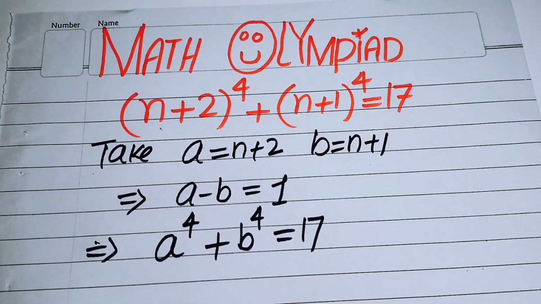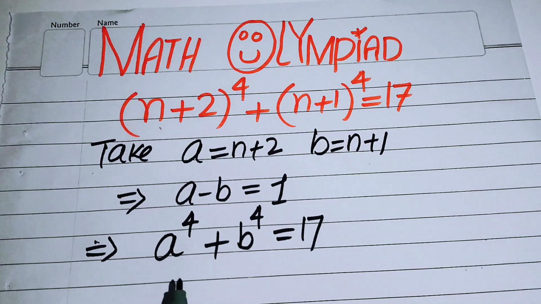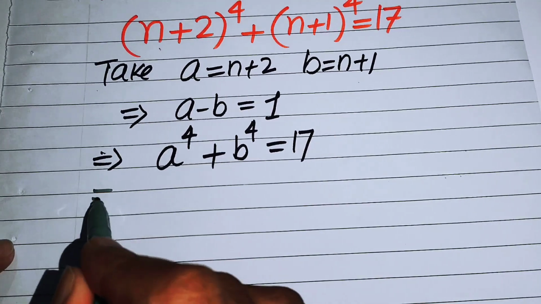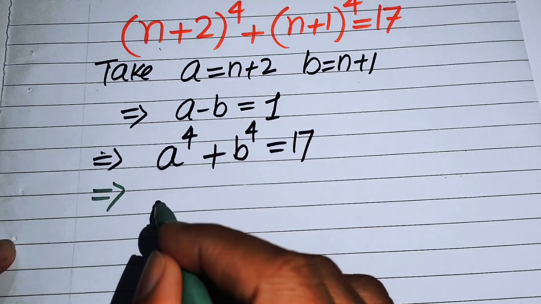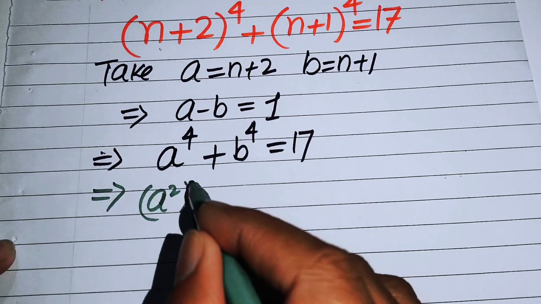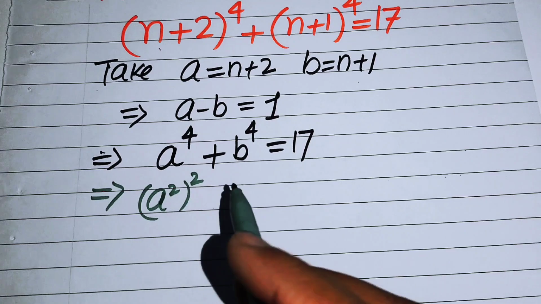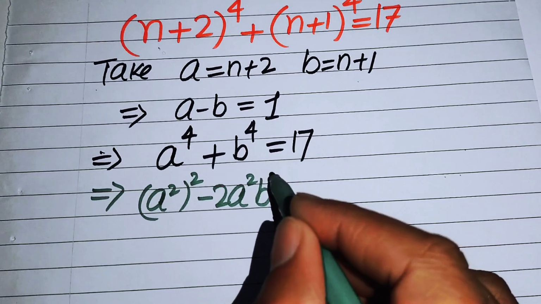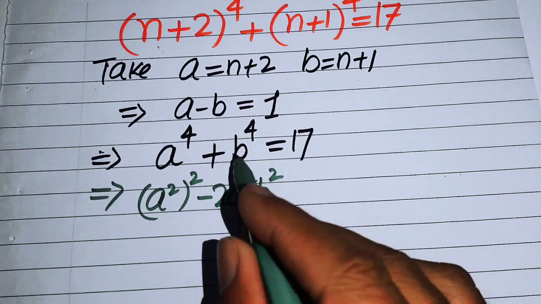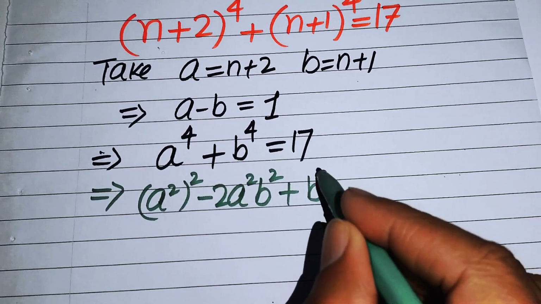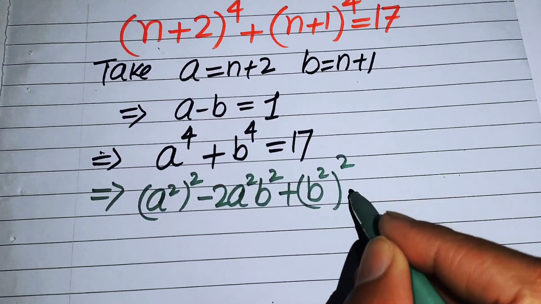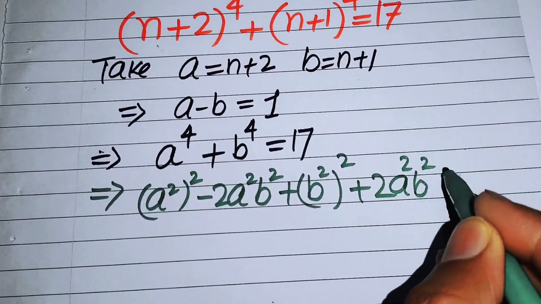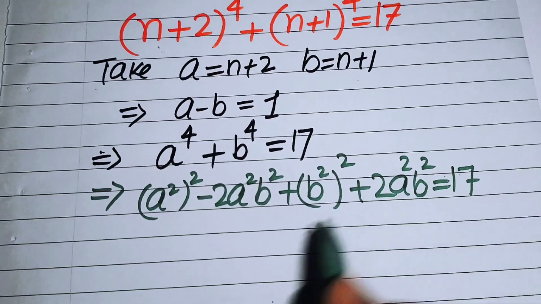And in the next step you will see here we have a^4 + b^4, and we will rewrite this expression: we write a^4 as (a^2)^2, and now we can add or subtract minus 2 times a^2 b^2, and here you have b^4, which we will write as (b^2)^2, and here you have the positive value of 2a^2 b^2 equals 17.